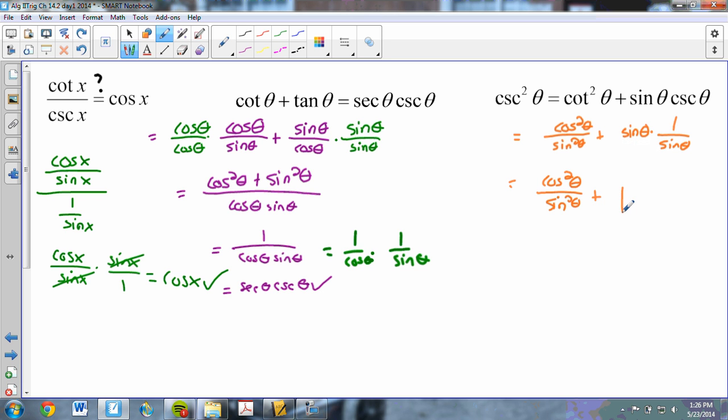And then they wanted to get a common denominator. But just because we went from cotangent to cosines and sines doesn't mean we're stuck here. We can go right back to cotangent and just do what's easier.